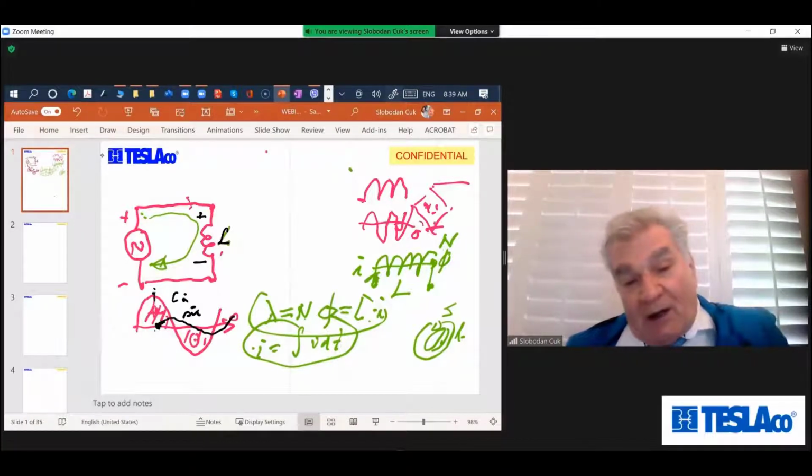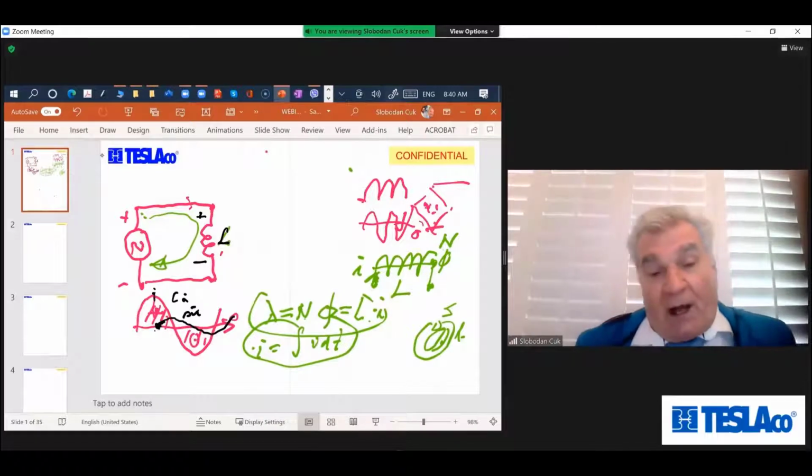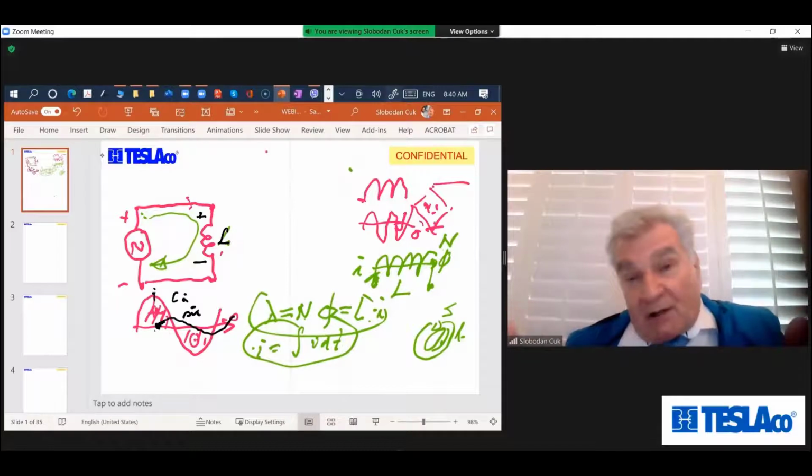The current going into this inductance: if this inductance is very large, and it will be very large if you put it on an iron core, which is a ferromagnetic material, silicon steel, which has a relative permeability of 100,000.